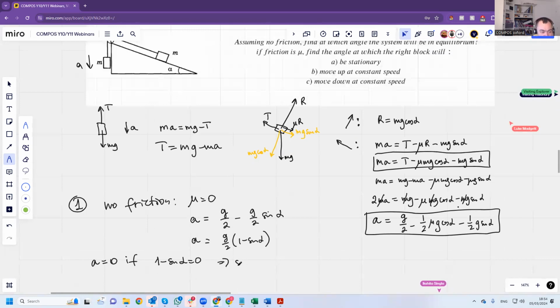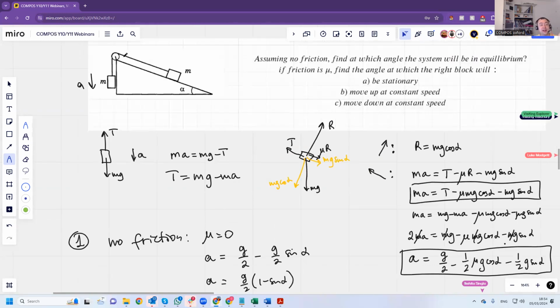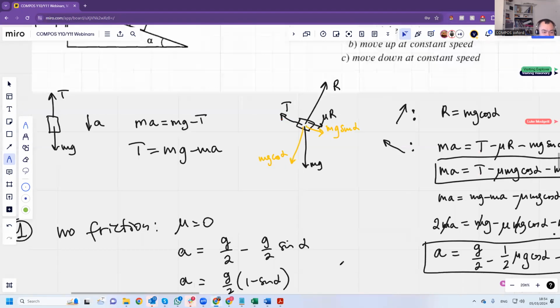That means sine alpha is 1. And what is the only possible angle? 90 degrees, yeah. If there's no friction, the only way for the system to be stationary is if alpha is 90, and that makes perfect sense. Because otherwise, the only way for it to be stationary is this.